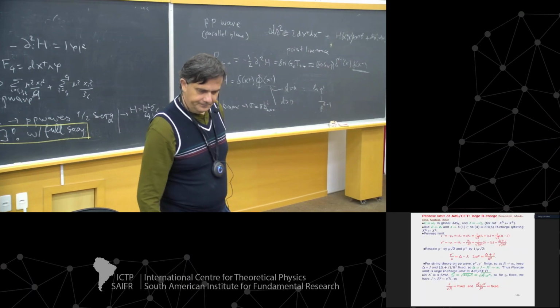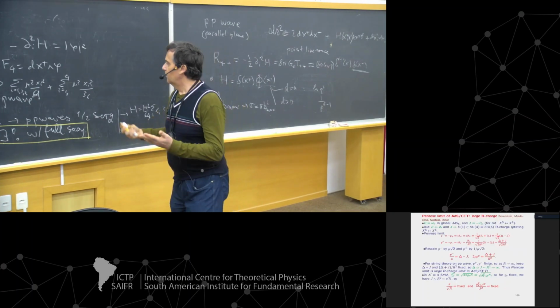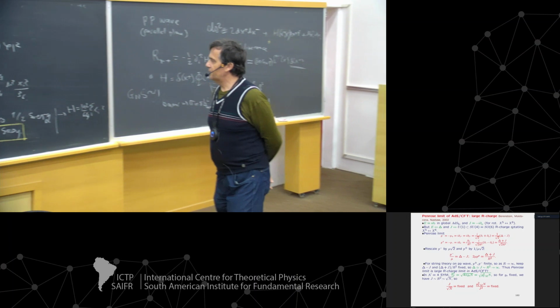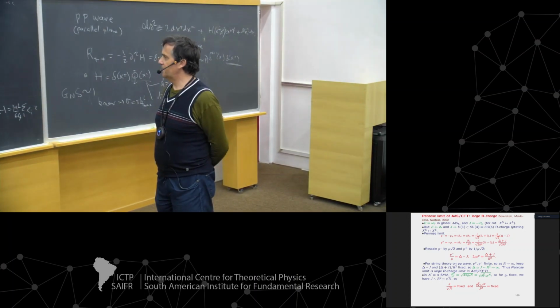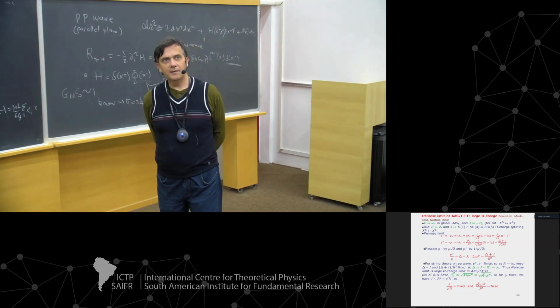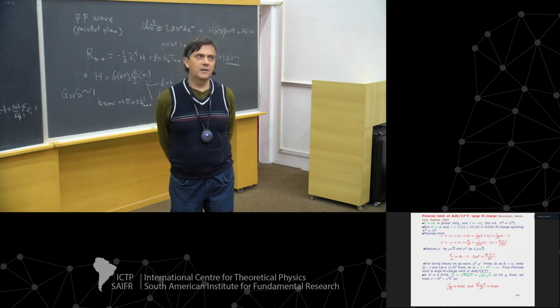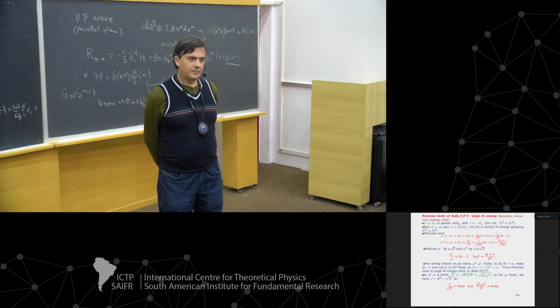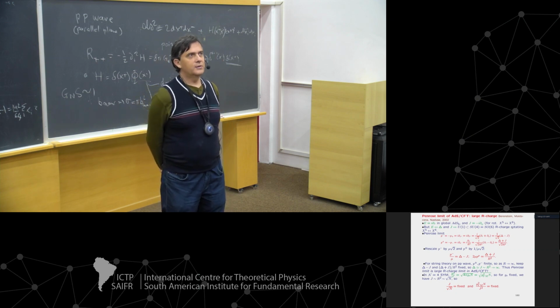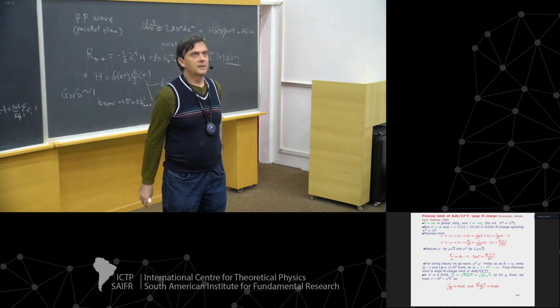So we've taken the Penrose limit. We've obtained a maximally supersymmetric solution. By the way, this is as it should be, because we cannot lose supersymmetry by taking simply a limit on a solution, right?